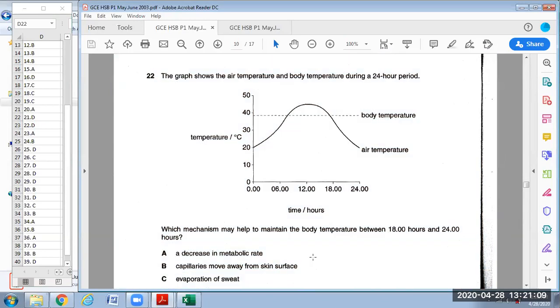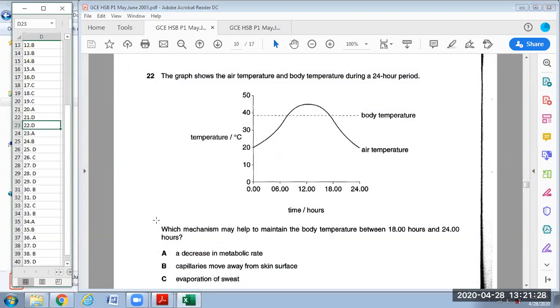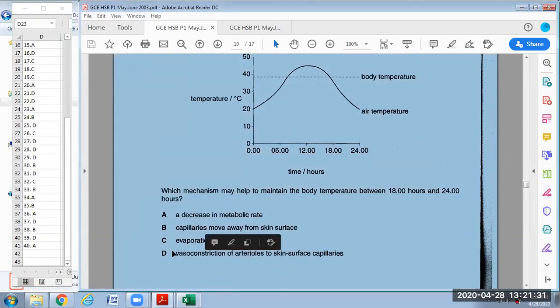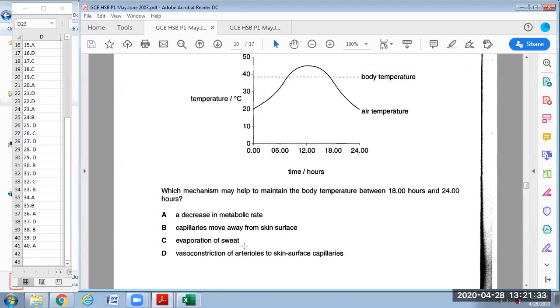22. The graph shows the air temperature and body temperature during a 24-hour period. Which mechanism may help to maintain the body temperature between 18 hours and 24 hours? 22 would have been D, which is vasoconstriction of arterioles to skin surface capillaries.